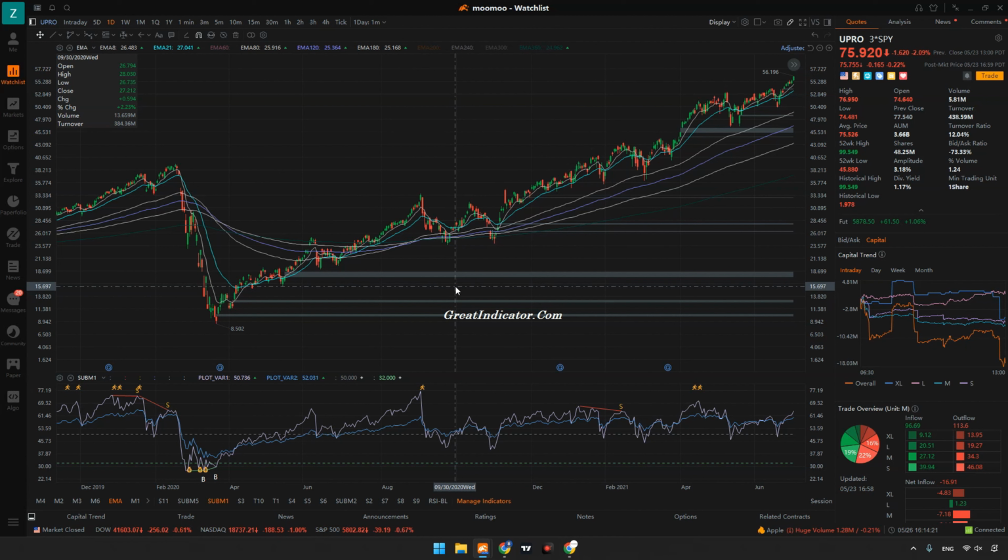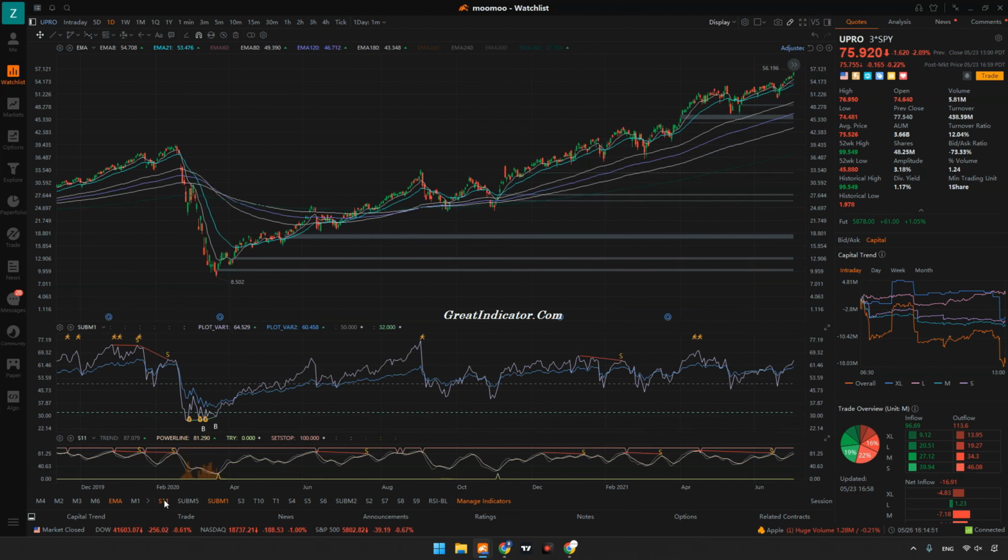Only by combining with other indicators or other tools can we make a more comprehensive judgment whether the stock price will continue to rise, whether it is worth continuing to enter or continue to wait and see. So we use this indicator and other indicators to make a judgment. In this way, we will have a relatively high winning rate.